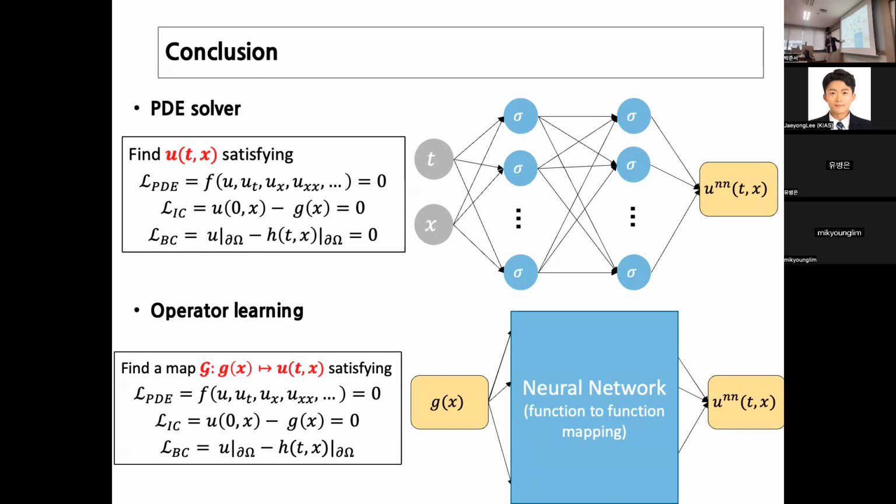For example, if we have different initial conditions g(x), we can use a neural network to learn a mapping from function to function. And then we can use this neural network to find the solution for a different g or a new g. So today's presentation is about these two approaches.